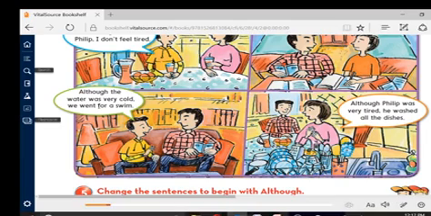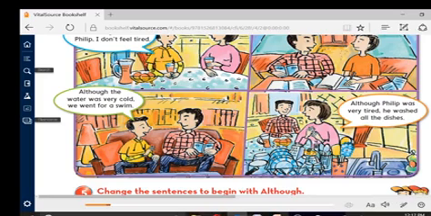Although the water was very cold, we went for a swim, okay? Again, here we have a long sentence that includes contrast, and to show that contrast, we use the conjunction although, okay?